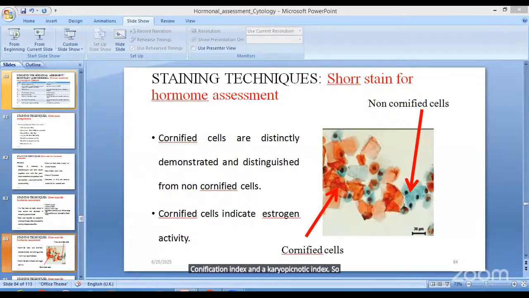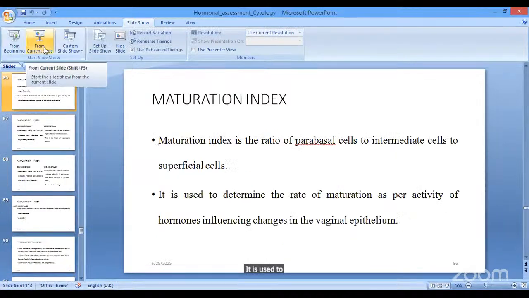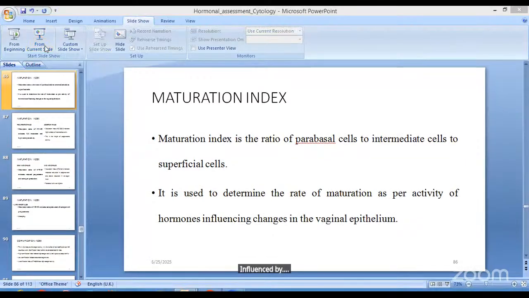So the maturation index is the ratio of parabasal cells to intermediate cells to superficial cells. It is used to determine the rate of maturation as per activity of the hormones, estrogen influence on the epithelium.